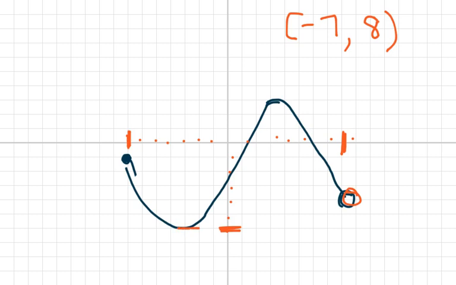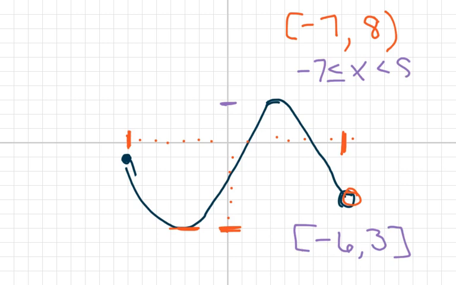It can equal it because there's no open there. So -6, and we're going all the way to 3. Of course, you can just write this as x is in between -7 and 8. And I'll let you fill the rest in. And then here, y is in between -6 and 3.